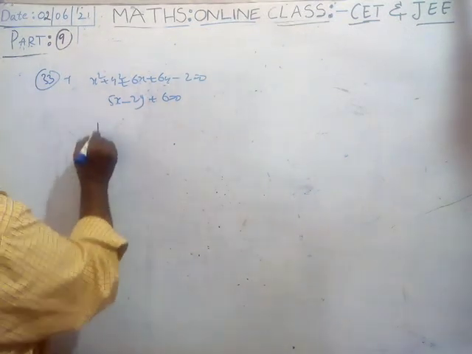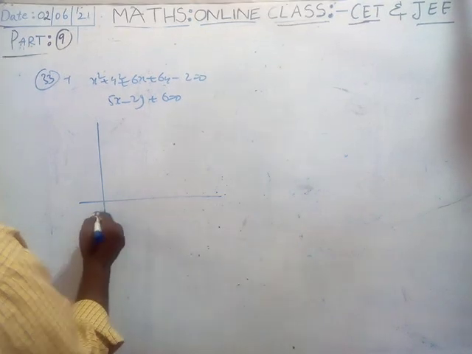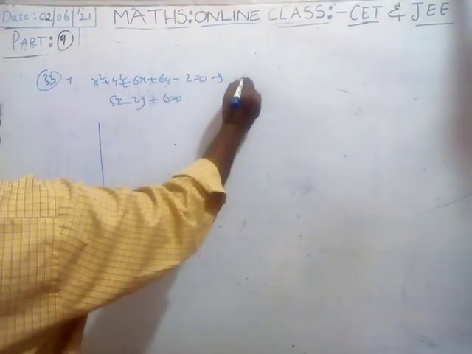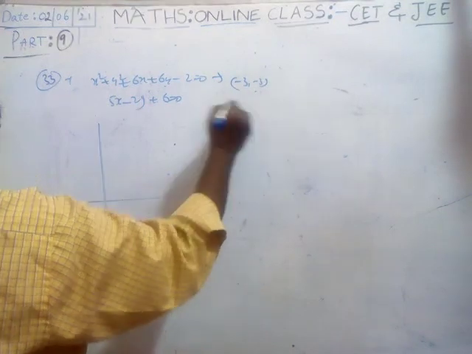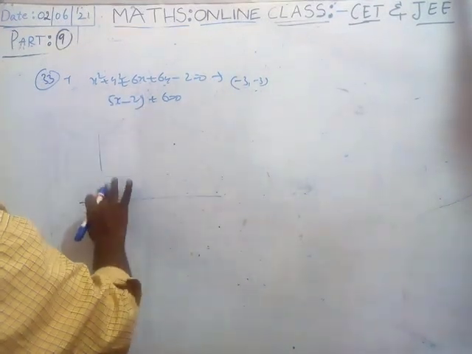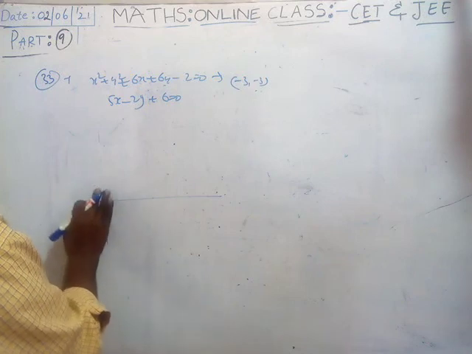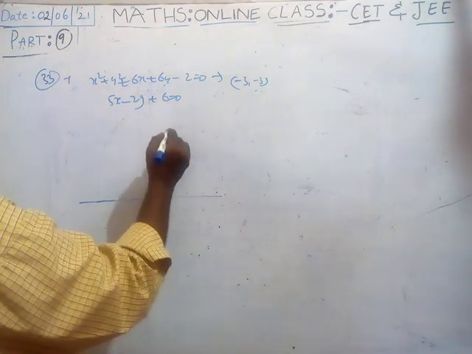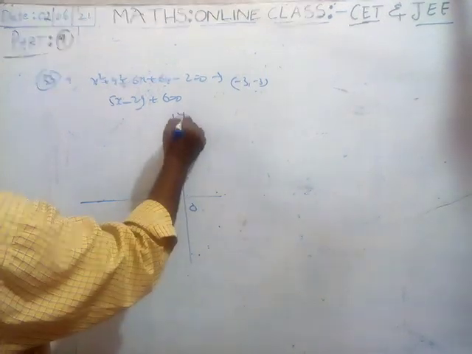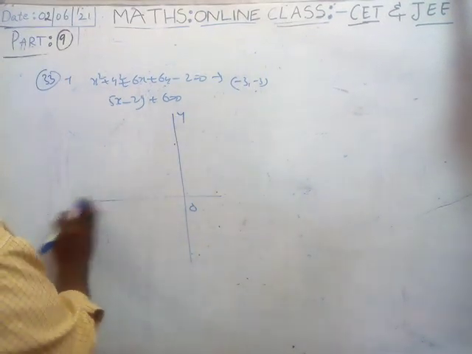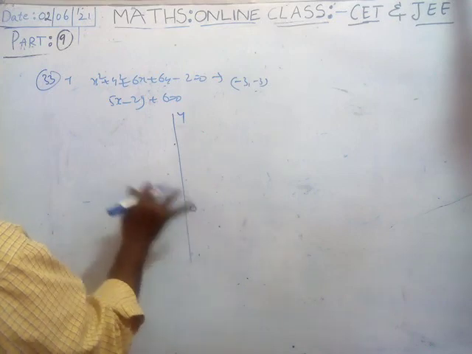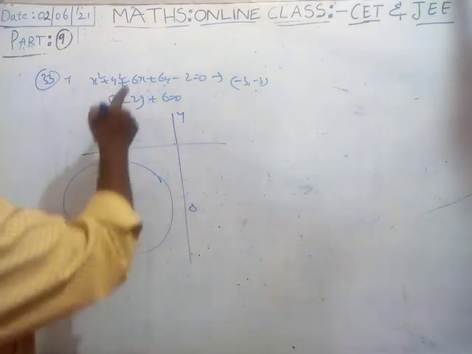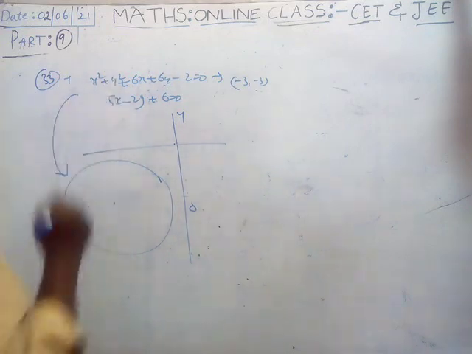Now, what is the concept? Its center is minus 3 comma minus 3. It is the horizon, y-axis. Assume a circle is there like this. Its equation is this one.